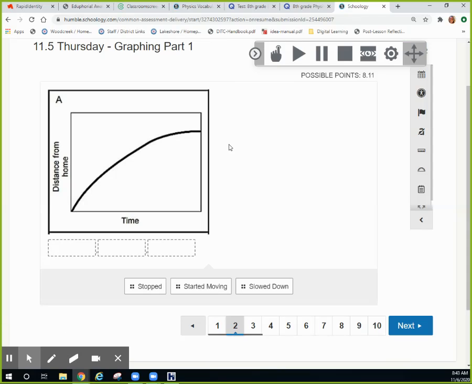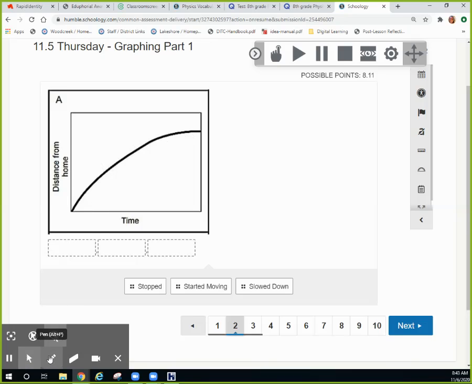Now with this graph, we have a curved line, okay? This is telling me that his speed is not constant. His speed is not the same distance over time. So his speed here at this distance and at this time is different than his speed here.